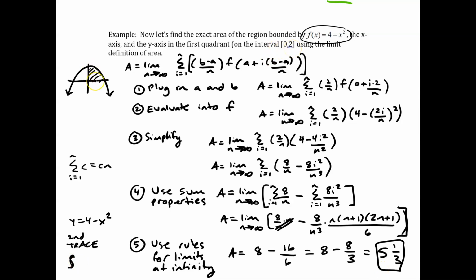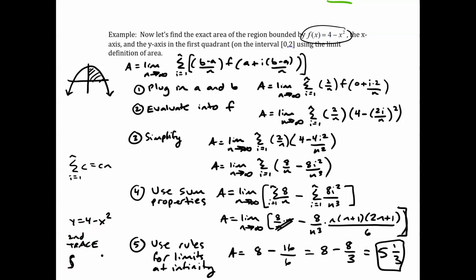It'll even shade the region kind of like I shaded right there. But as of right now, you don't know the connection between this integral symbol and area. That's coming in the next section, so that's why I'm not showing you this right now. But if you want to get a head start and check some of your answers in the calculator, then I encourage you to play around with that a little bit.